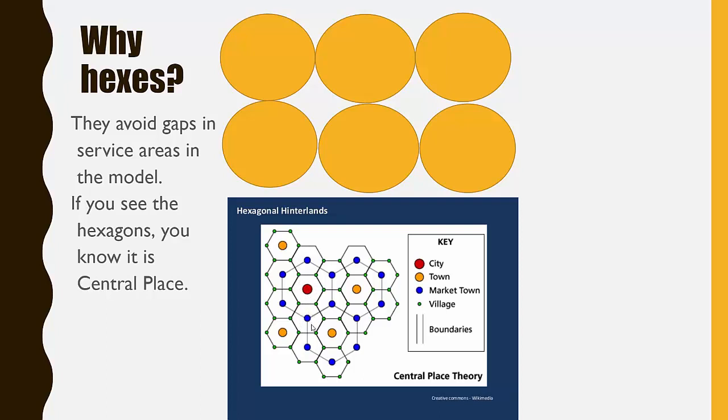You see the hexagon around the blue circle here, right? Each of those represents the hinterland for that community, especially for those basic goods, I should say those lower order goods. All right. But do you notice there's actually larger hexagons as well around the larger cities, right? The large towns and cities have their own larger hexagons at the same time.